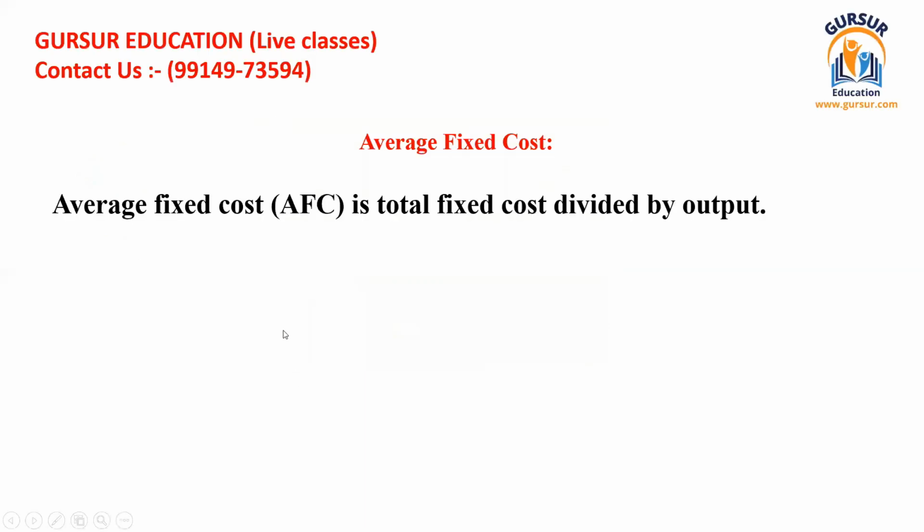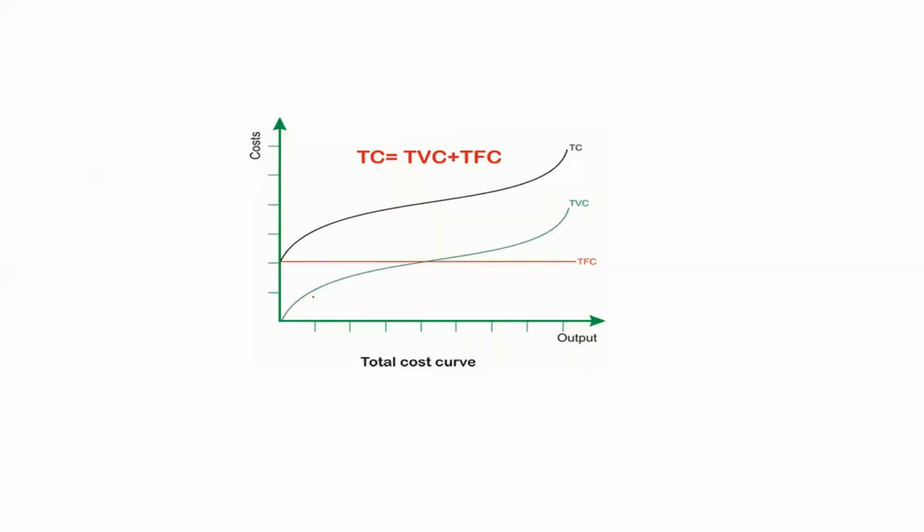Total variable cost is starting from this point, and it's moving upward as you are producing more and more. And total cost is just the sum of total variable cost and fixed cost, and it starts from this level and increases in this way.